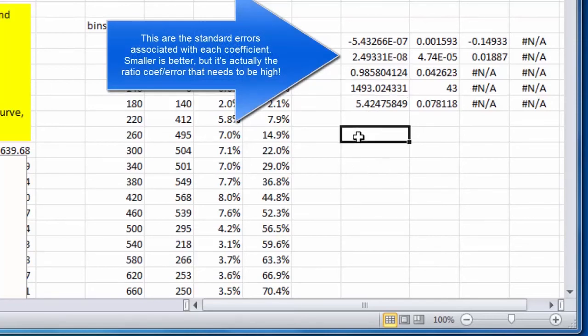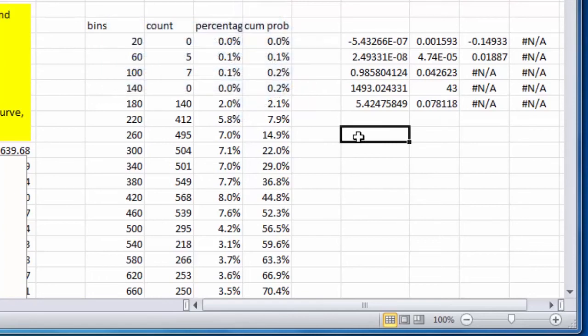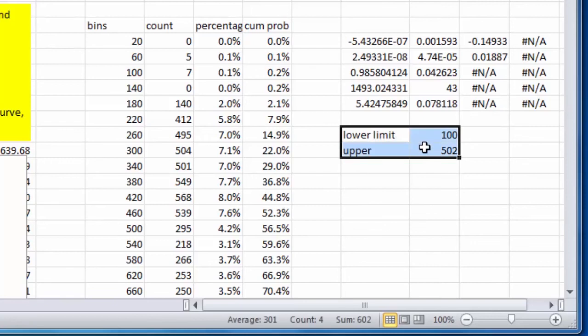So what I can do is I can say lower limit, that's going to be a value. So let's say 100. That's a sales revenue. And upper, let's say that's 502, just some number. And this will be the probability. So this, I think I'll scooch that down. This will be the probability.